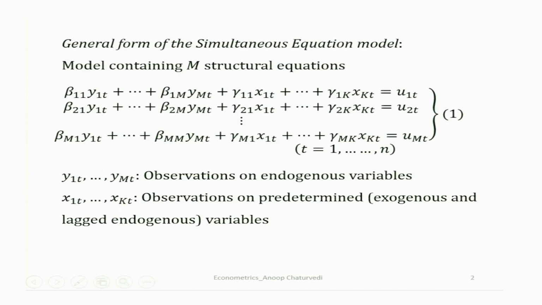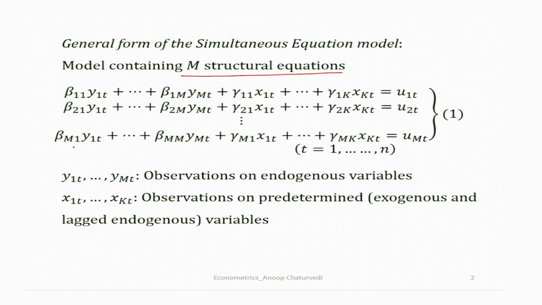Now, first we consider the general form of the simultaneous equation model. Suppose our model contains capital M structural equations. The equations are beta 1 1 y 1 t plus ... plus beta 1 m y m t plus gamma 1 1 x 1 t plus ... plus gamma 1 k x k t equal to u 1 t, and so on.